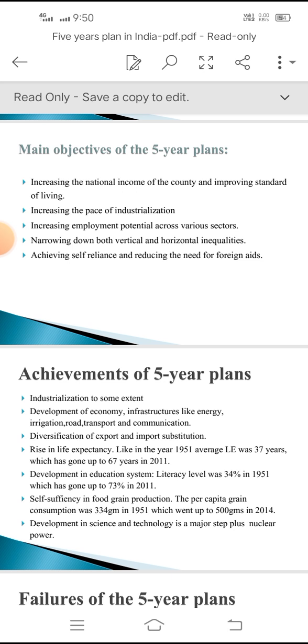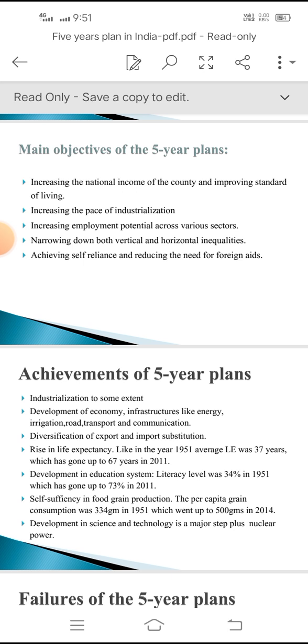Rise of life expectancy: in 1951 the average was 37 years, which has gone up to 75 years in 2011. The development of the education system: literacy was 34% in 1951, which has gone up to 73% in 2011.